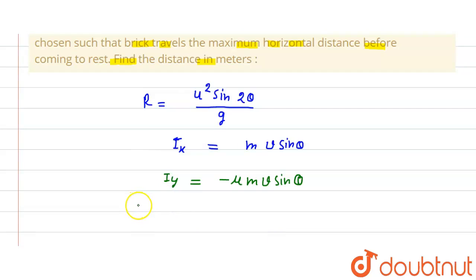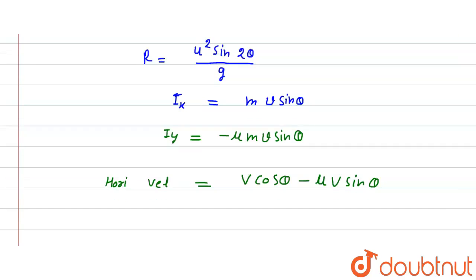Now here horizontal velocity after impact, we can write here: horizontal velocity after impact is equal to v cos theta minus mu v sin theta, and here so total distance along horizontal.